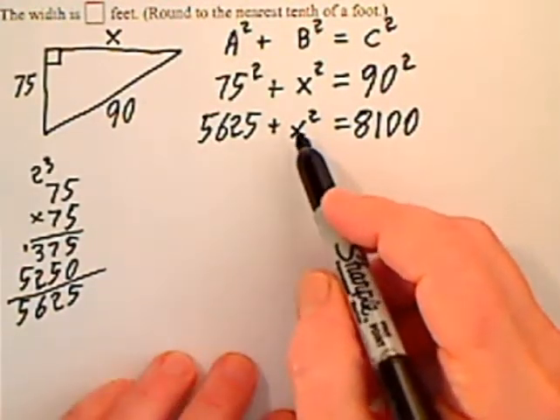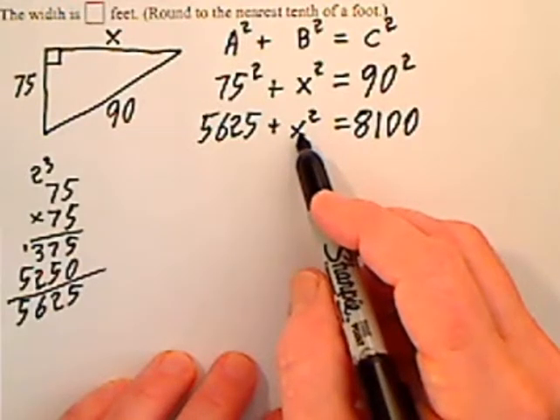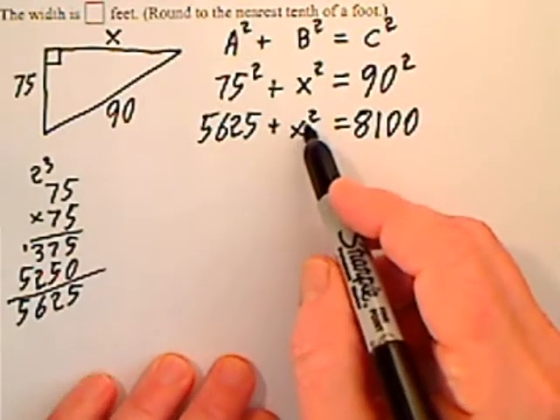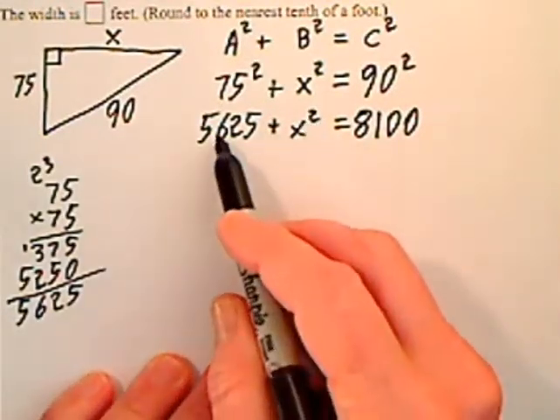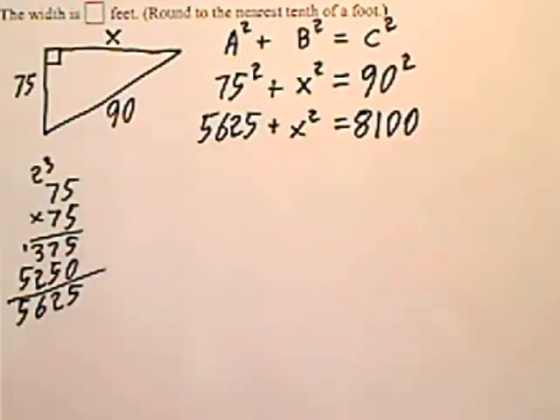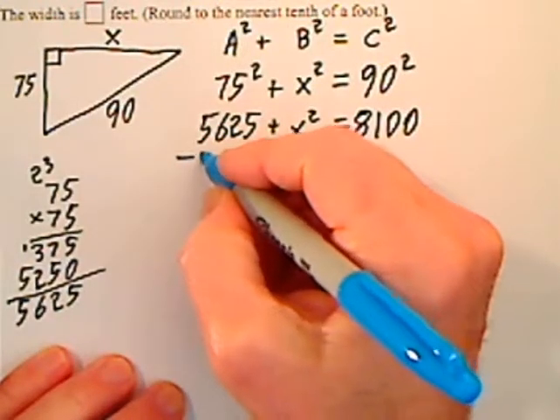Now we want to solve for x. So we've got x squared. First thing we're going to do is get rid of 5,625, so we'll subtract that from each side.